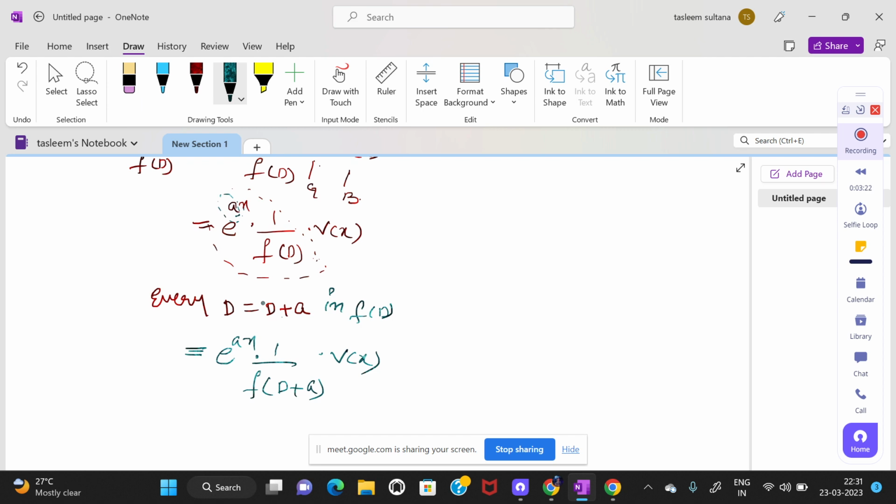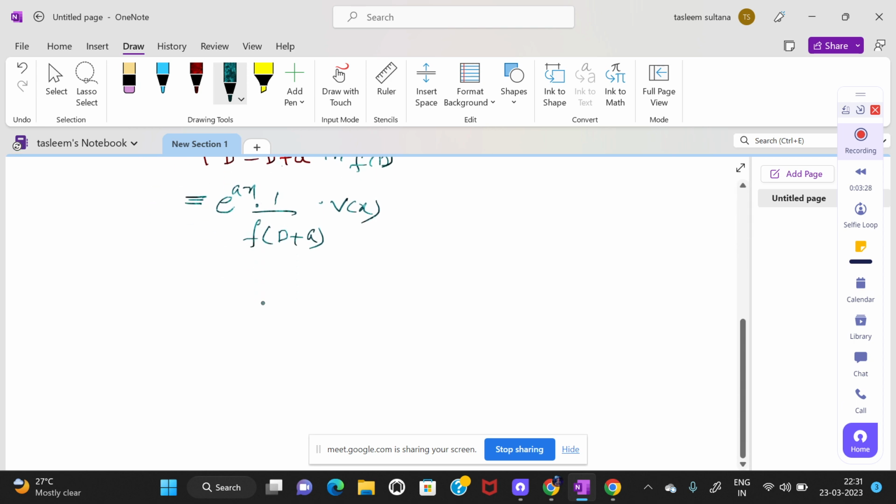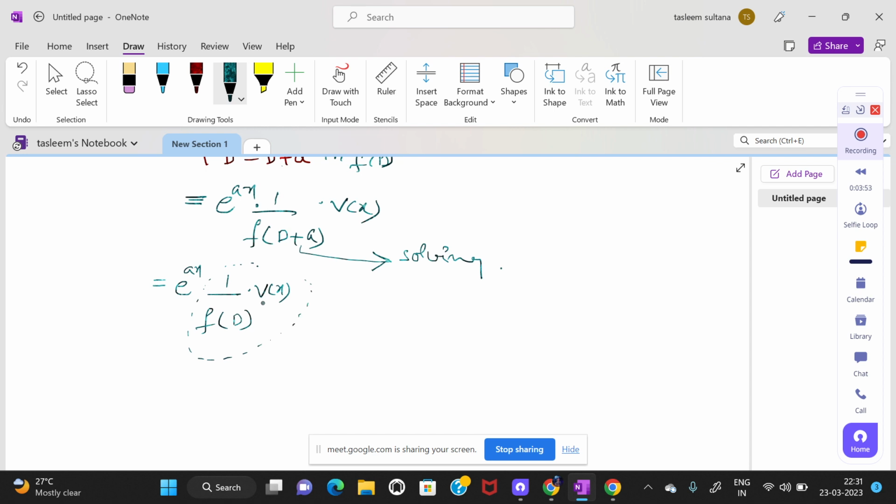Again this will turn into the form of 1 by f of D. It is equal to e power ax into 1 divided by f of D into v of x, after solving this completely, because you are substituting every D equal to D plus a. You have to solve this one first. He has listened completely to e power ax and has substituted every D equal to D plus a.